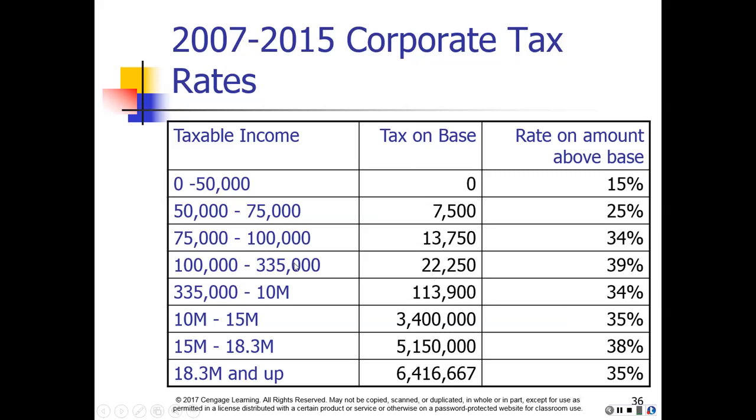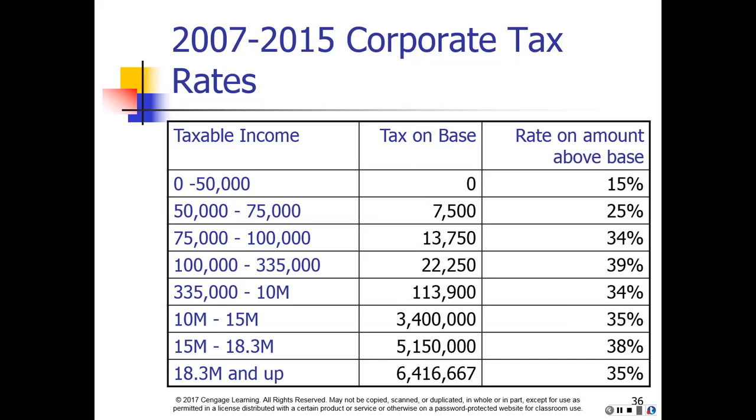And the company's taxable income was 108,000. So now we're left with $8,000. So the next 8,000 will be calculated. Now for the next 8,000, the rate is 39%, right? So 8,000 times 0.39 gives us 3,120. So we'll add 3,120 to the 22,250 and we get 25,370.